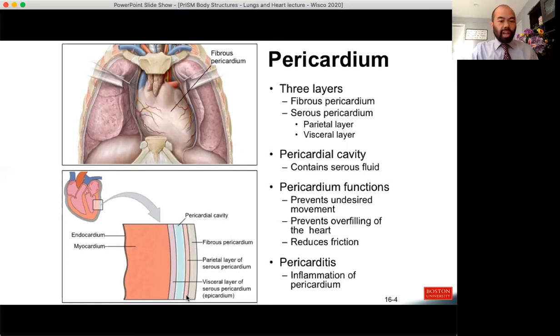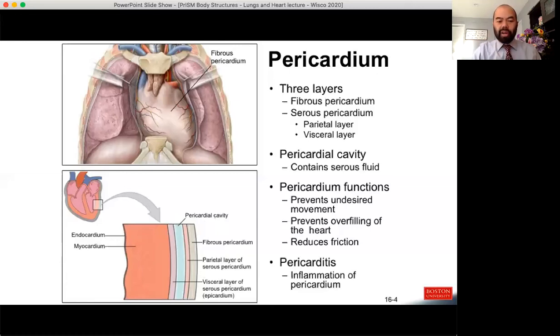So just like with the lungs, we have a space between the parietal serous pericardium and the visceral serous pericardium. And that space is called the pericardial cavity. So pericardial cavity is to the heart, as pleural cavity, or pleural space, as I showed you, is to the lungs. So we're missing a layer here, aren't we?